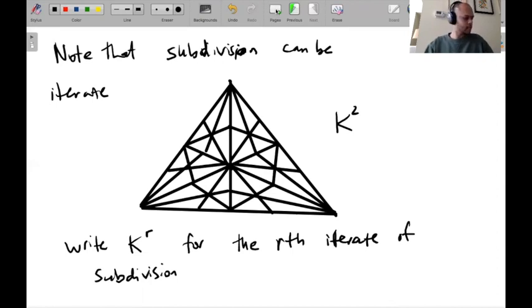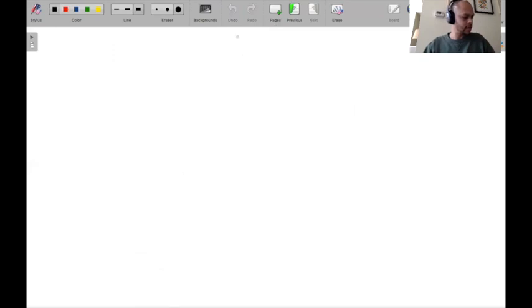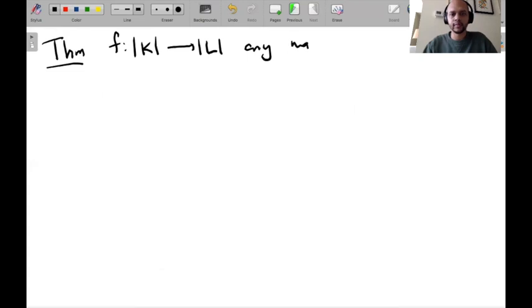Okay. So now the main theorem that I stated at the end of last time, which uses this subdivision, is that if you start with any map between simplicial complexes, I'm going to write this the other way. Let's say L to K, any map.